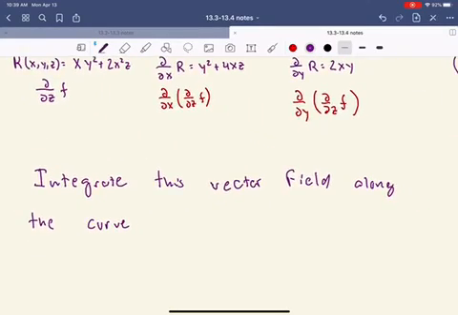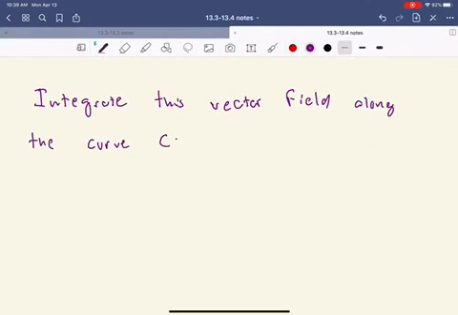And our curve is C, which is given by x equals the square root of t, y equals t plus 1, and z equals t squared, where t goes from 0 to 1.